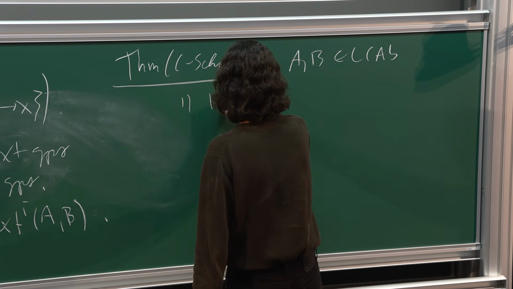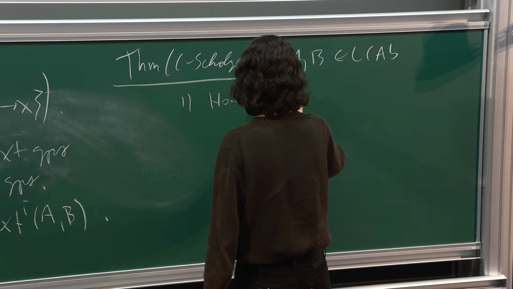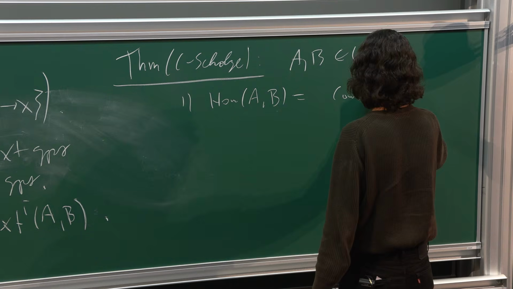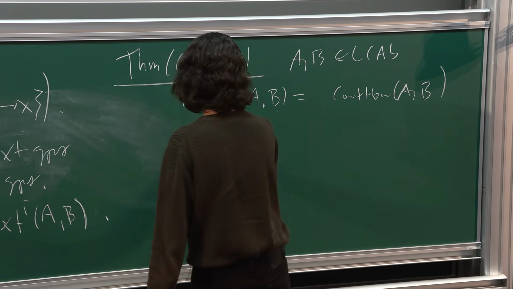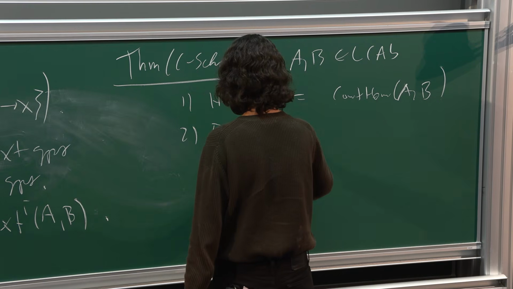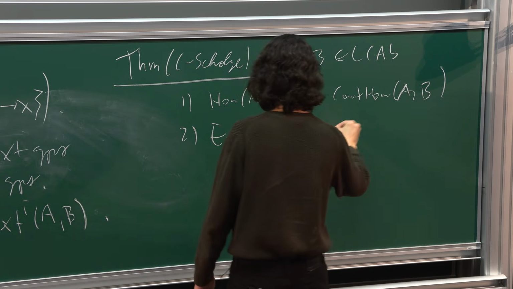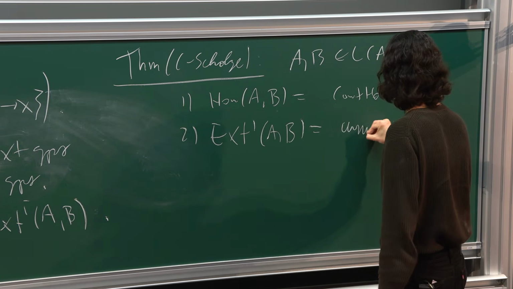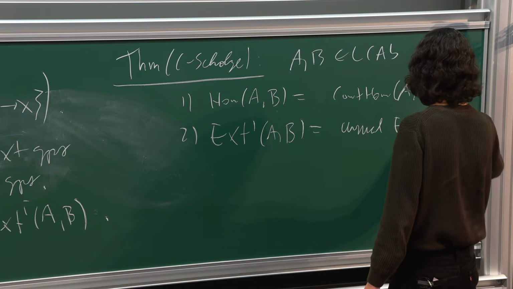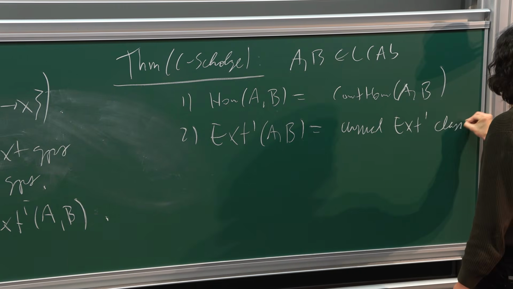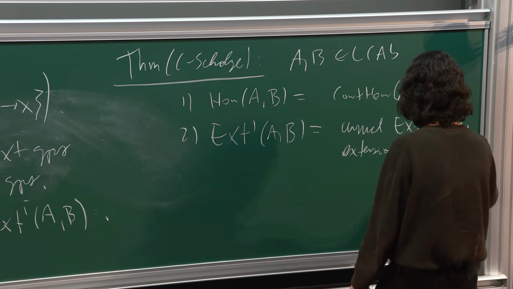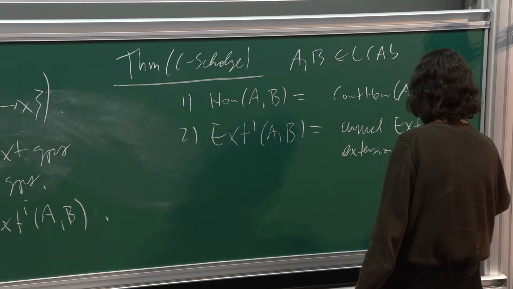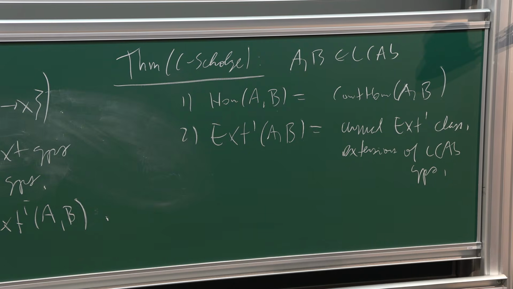One is that Hom from A to B is the usual continuous homomorphisms from A to B. But the second thing is that Ext^1 from A to B is the usual Ext^1, classifying extensions of locally compact abelian groups, meaning where the middle term in the extension is also a locally compact abelian group.